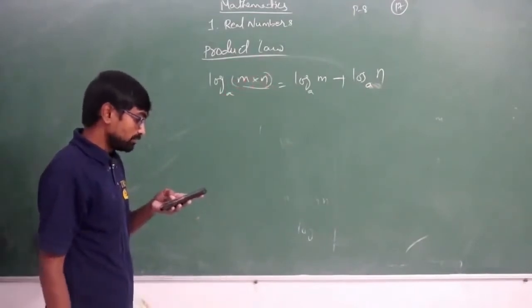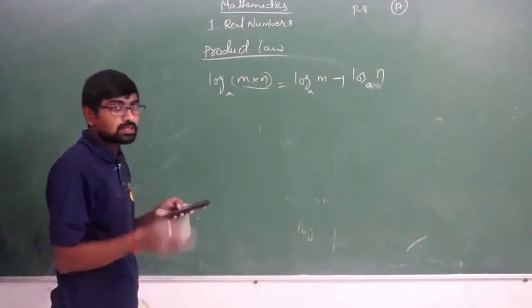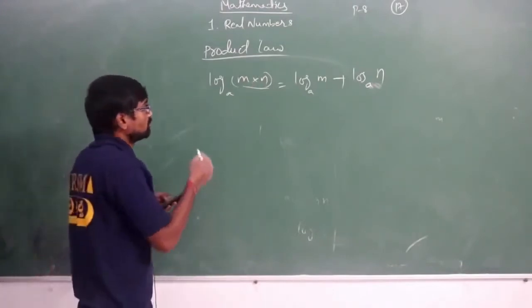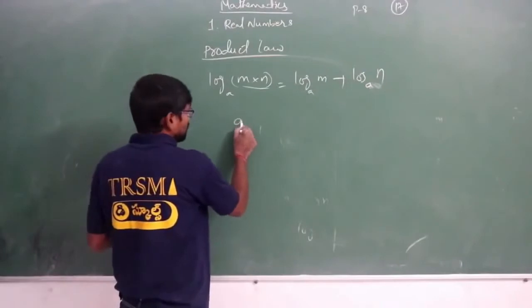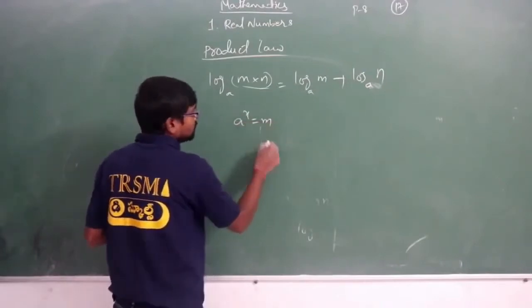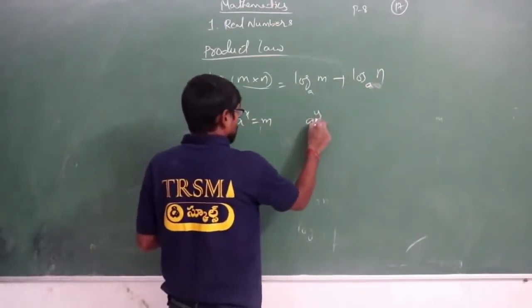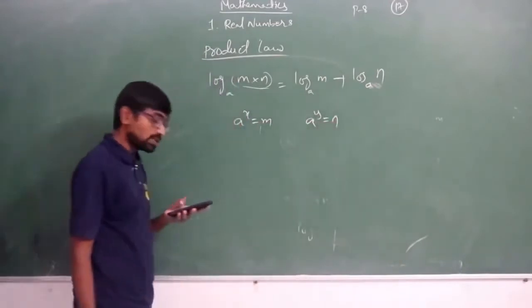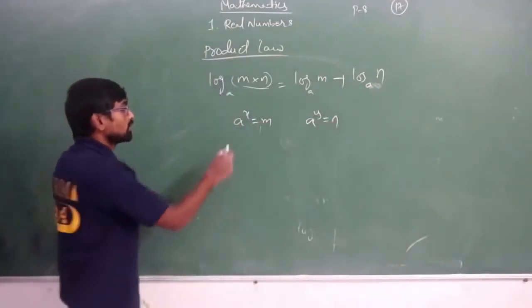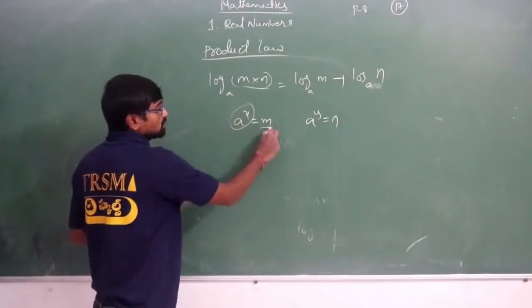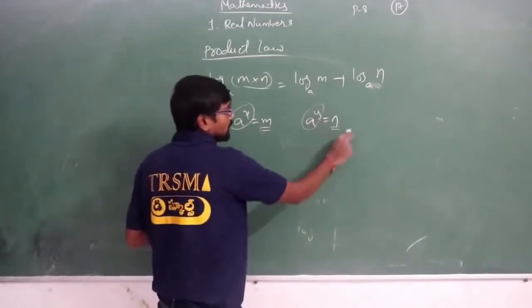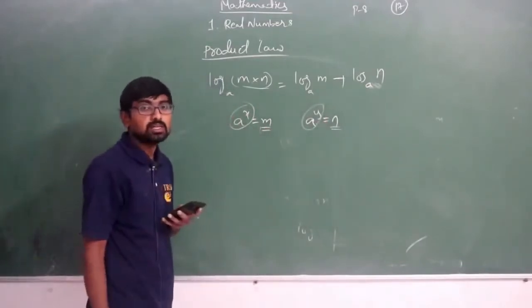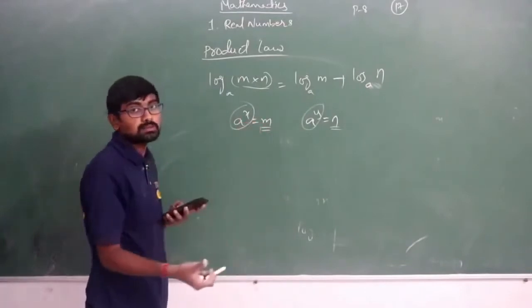Let us know about this. If I take a power x is equal to m and a power y is equal to n, this is exponential form, isn't it? When I multiply both, what happens?